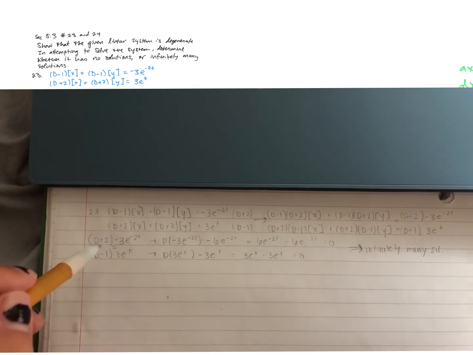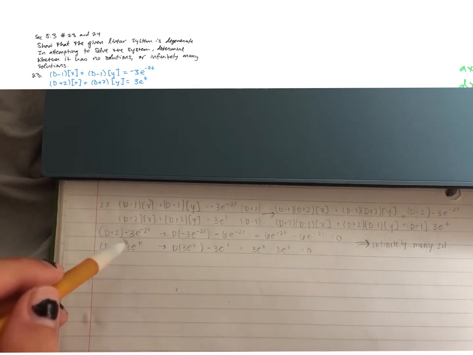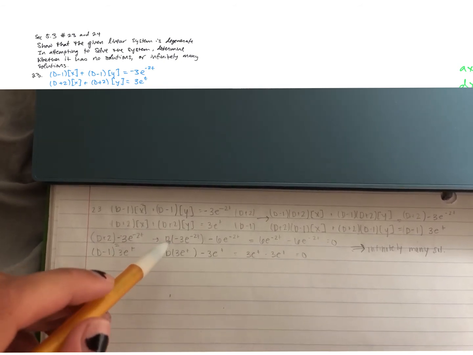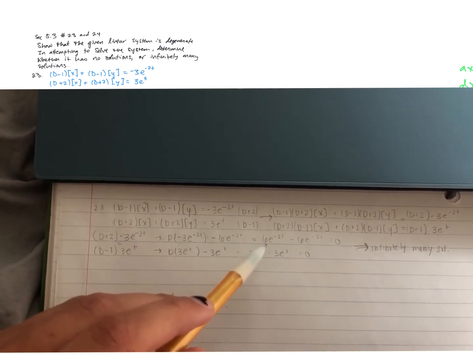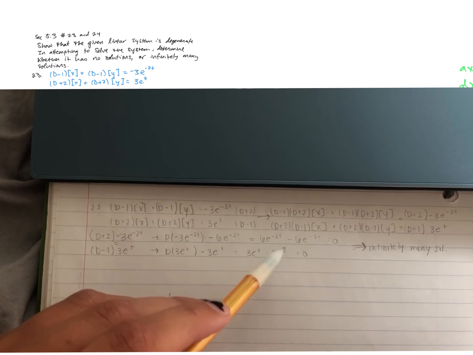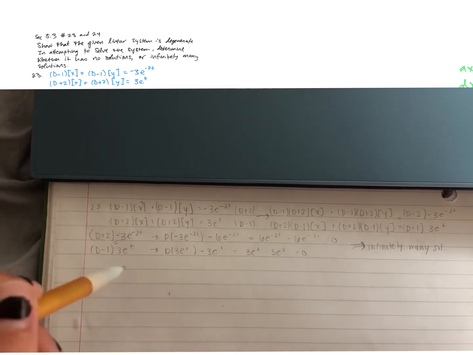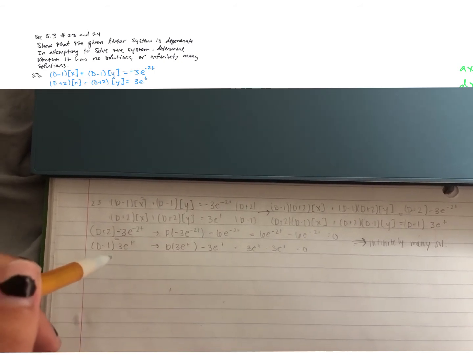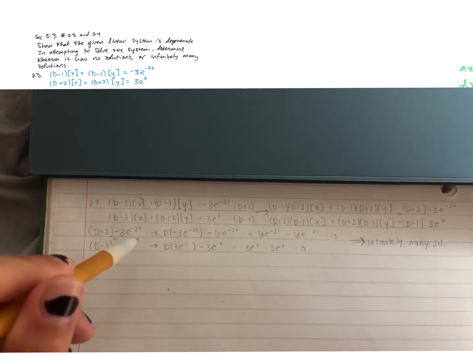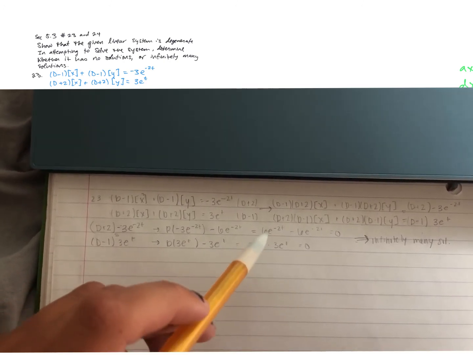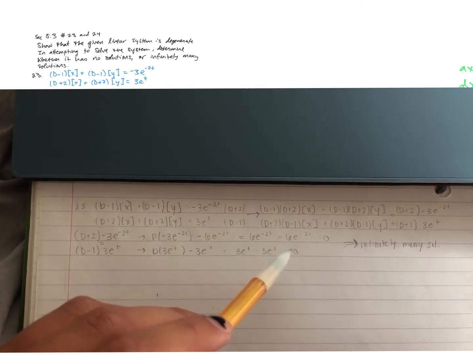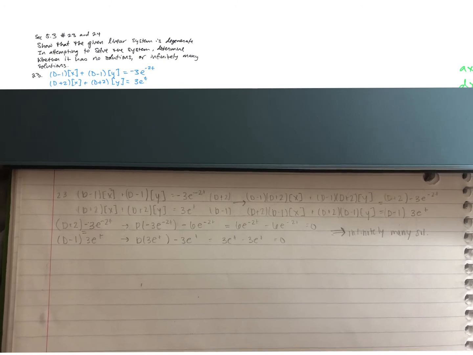So I multiplied d plus 2 times negative 3e to the negative 2t, which gave us the derivative of that, which was 6e to the negative 2t, which will cancel out to 0. And then I multiplied d minus 1 times 3e to the t, which the derivative of that is just 3e to the t, which will cancel out, also be 0, which means that there is infinitely many solutions.